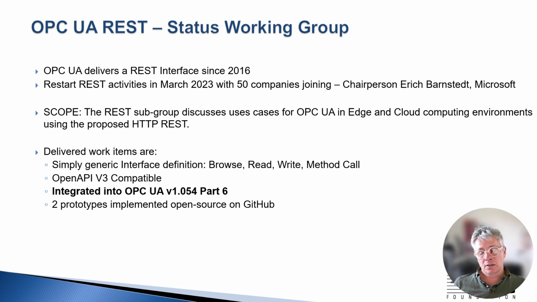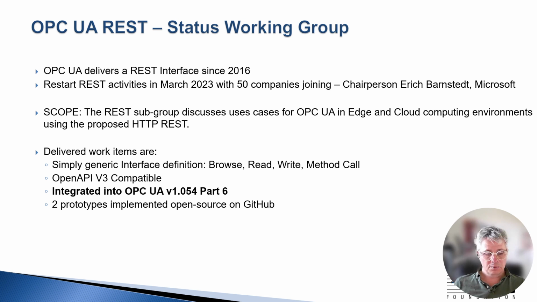And like any other OPC UA working group, we also built 2 prototypes as we're developing the specification to make sure that it actually works, and it's super simple to use. We completed those, and as we're going to release part 6, we're also going to make the open source reference implementations available on the OPC Foundation GitHub.